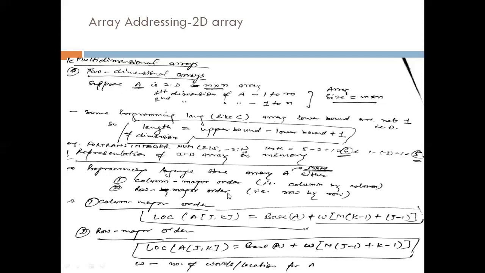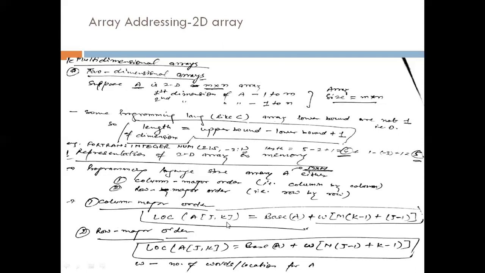Row major order means the first row will be stored, then the second row, then the third row, and so on. So suppose we take first the column major order.